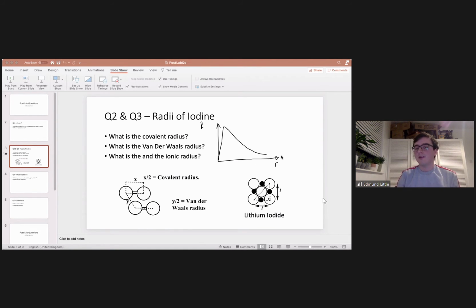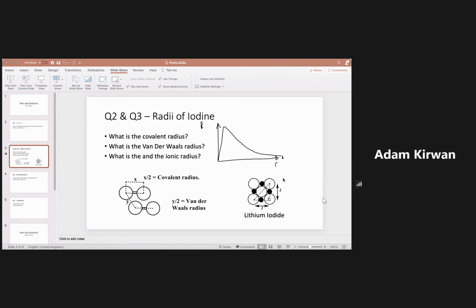Have a peak and then they decay away, but they never get to 0. It's asymptotic. So what is the radius? Like the furthest distance you're most likely to find an electron.